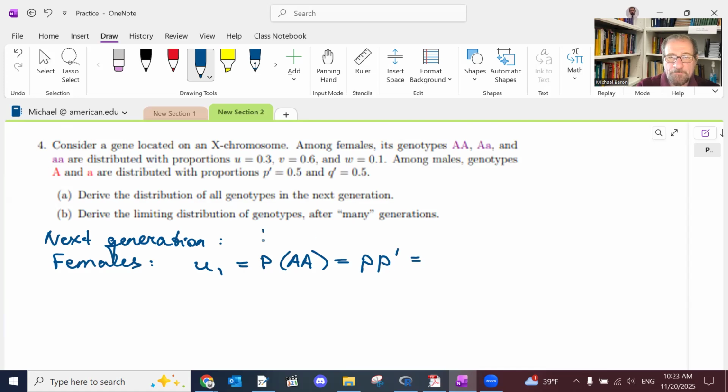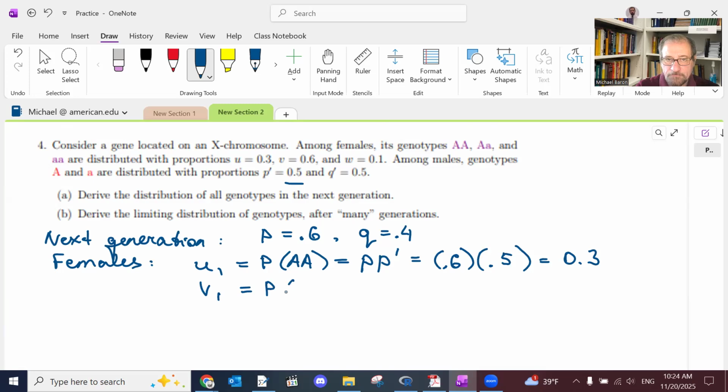So what is the proportion of dominant genes in the population of mothers? U plus half V, we already calculated it, 0.3 plus 0.3, 0.6, and Q is 0.4. The other half, 0.3 plus 0.1. We calculated in the previous problems. So here we'll have P, 0.6, times P prime, 0.5. That will be 0.3.